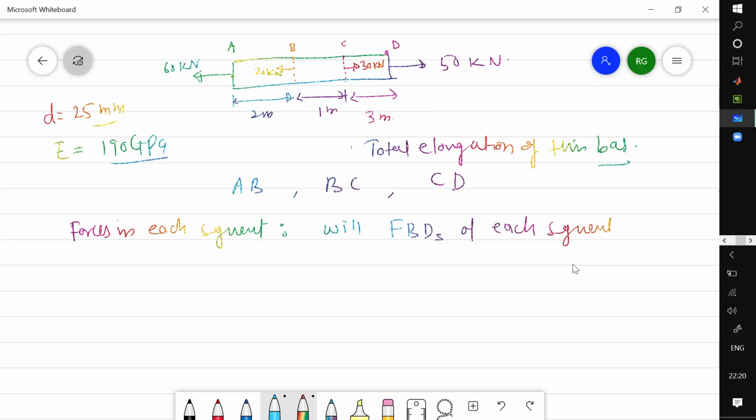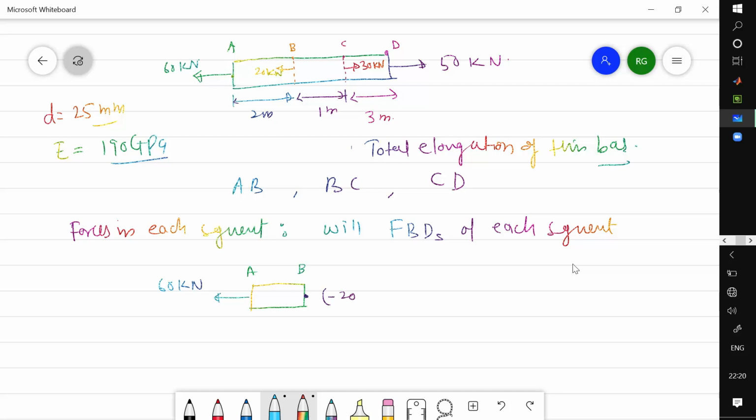So we'll draw the free body diagram of AB. This is our A, B, and here the force is 60 kilonewton, and at this place the force is, let's say, if we are considering the force in the rightward direction as positive and in the inward direction as negative, minus 20.